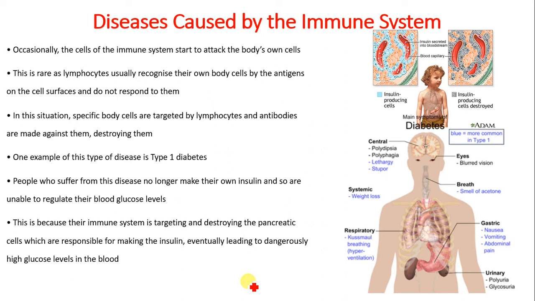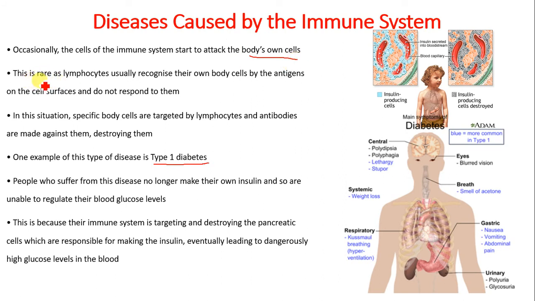So let's look at diseases caused by the immune system. There are certain diseases that are caused by the immune system itself, and that is majorly type 1 diabetes. Occasionally the cells of the immune system start to attack the body's own cells.